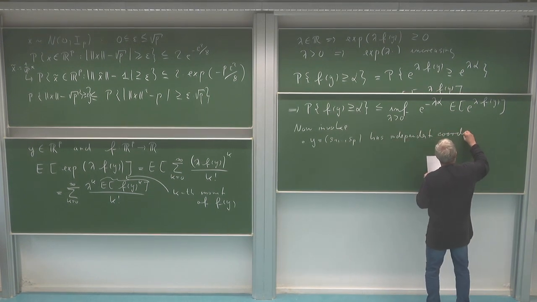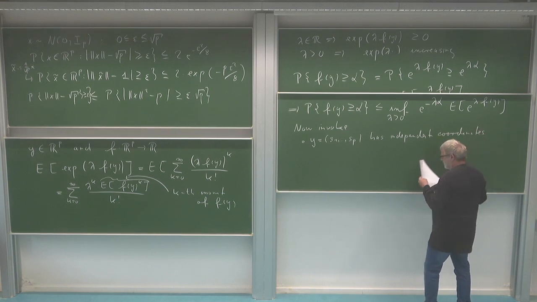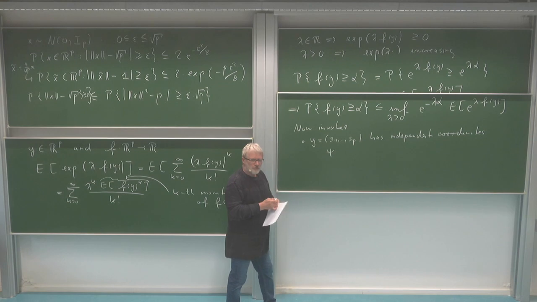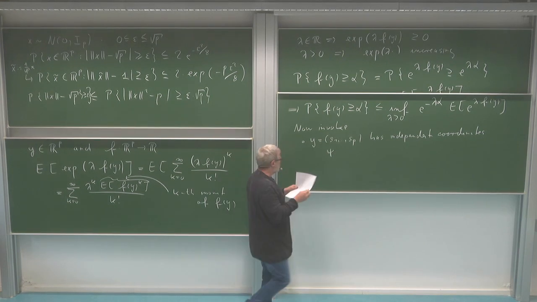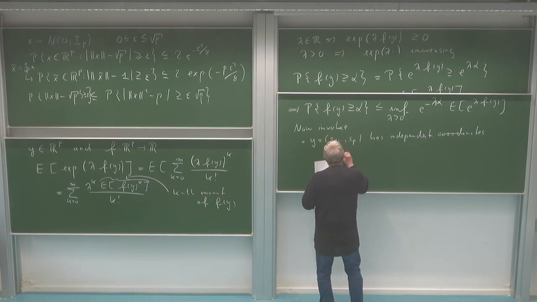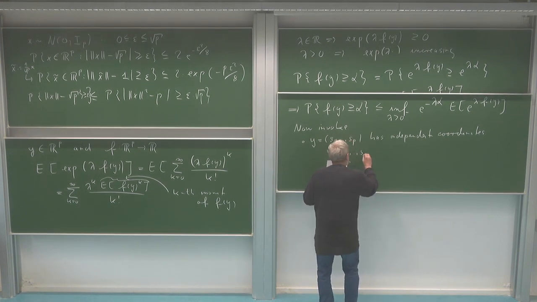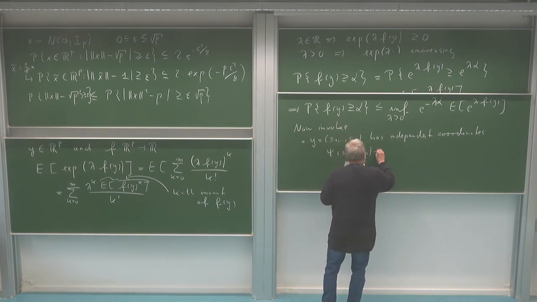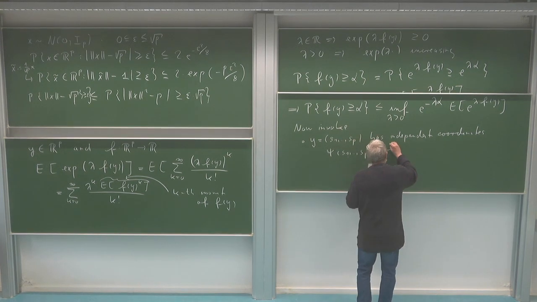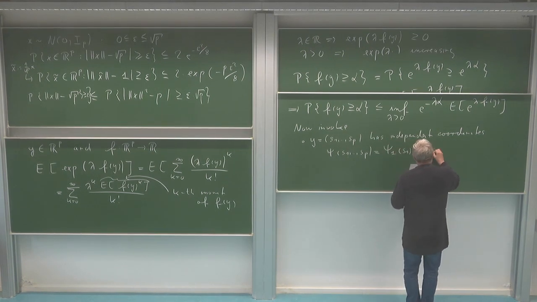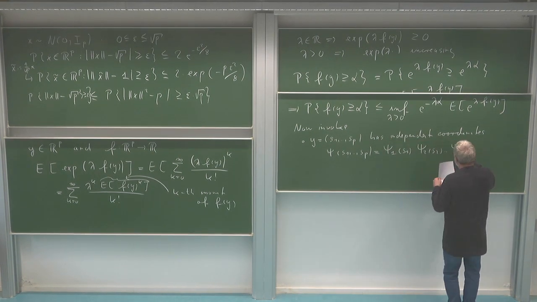This means the distribution of this factorizes into the product of the distributions of each of the components. So the density for this vector s1 up to sp is a product of a density for the first component times a density for the second component, and so on, up to a density for the last component.